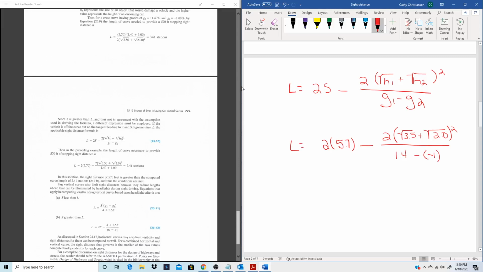So of course that's going to be added. And when you plug that into your calculator, you're going to get 2.41 stations.